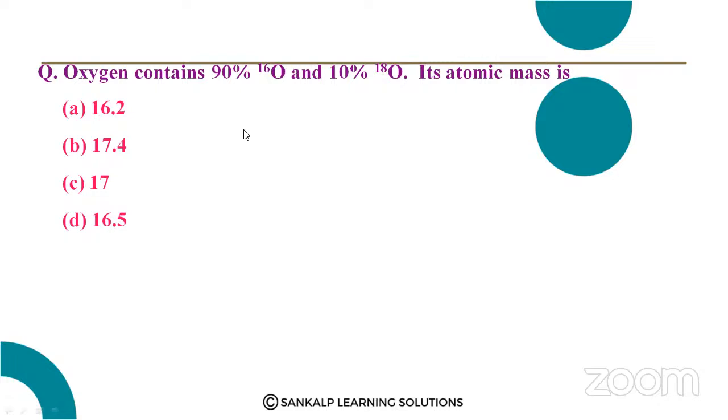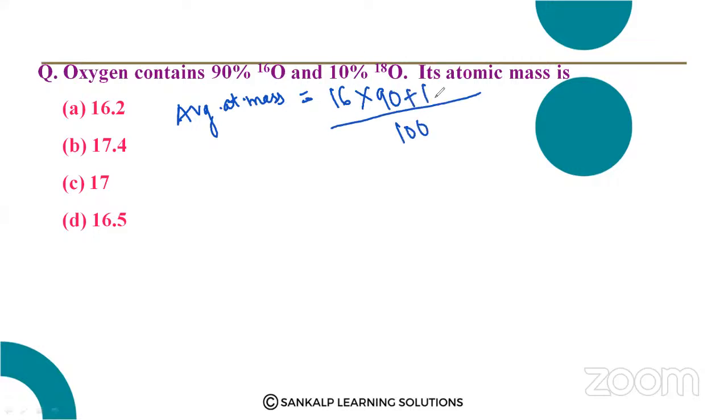So the average atomic mass is given as 16 into 90 divided by 100, plus the other isotope, 18 into 10%. 90% is nothing but 90 by 100, and 10% is nothing but 10 by 100.